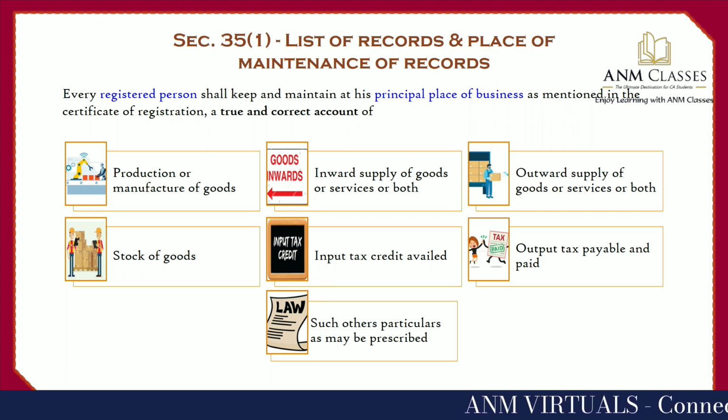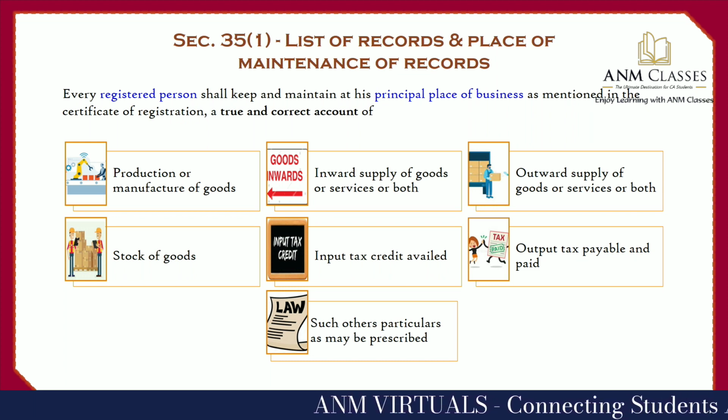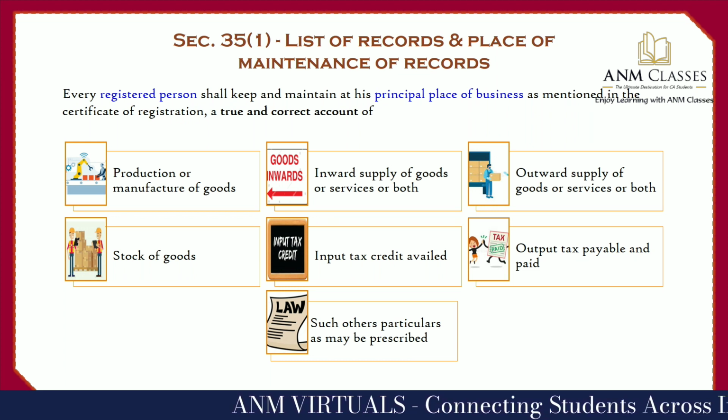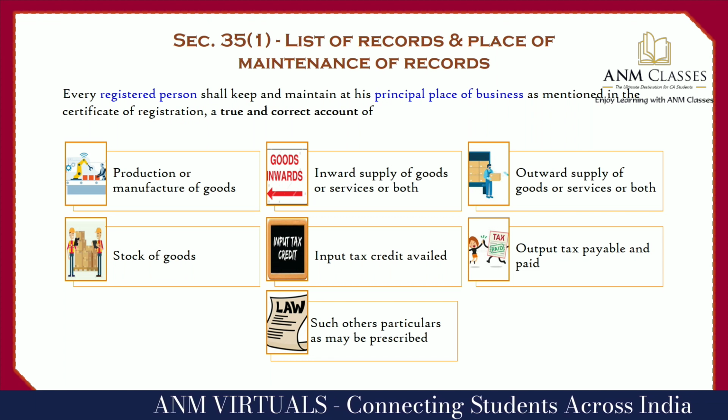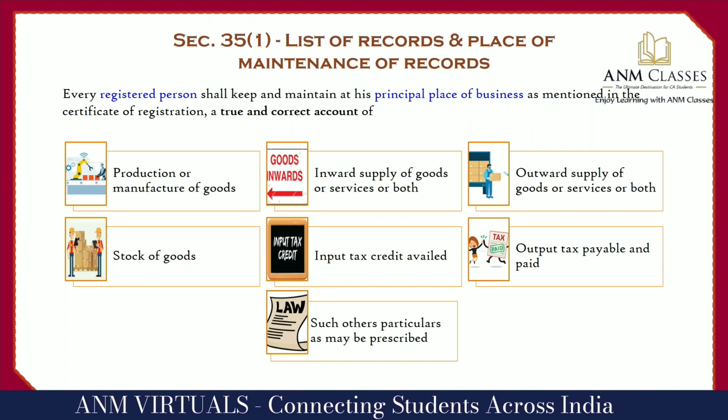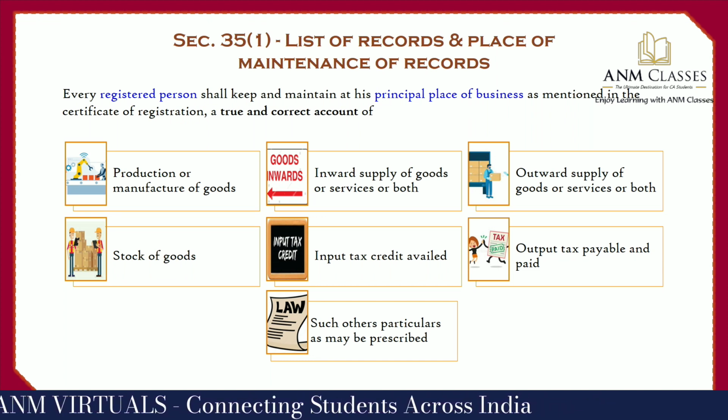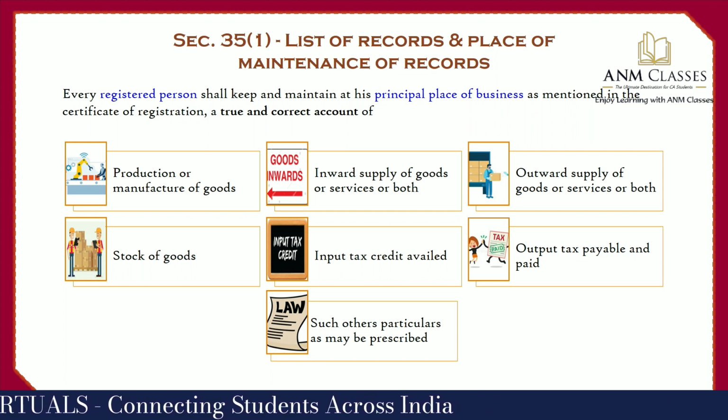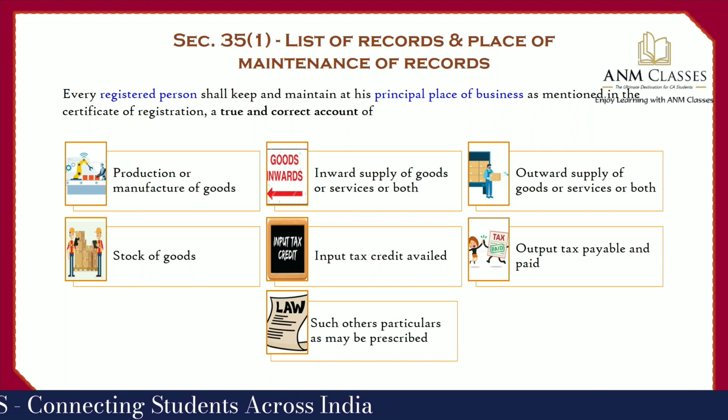That will be better. 35 subsection 1: records and place of maintenance of records. Which records to maintain, and where to maintain them? Every registered person, that is registration either under section 22, section 24 or section 25 subsection 3. These are the 3 possible sections under the GST Act.